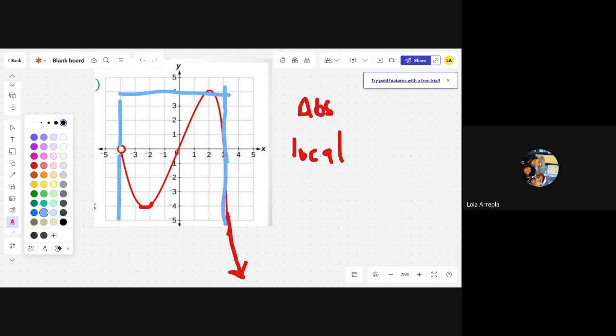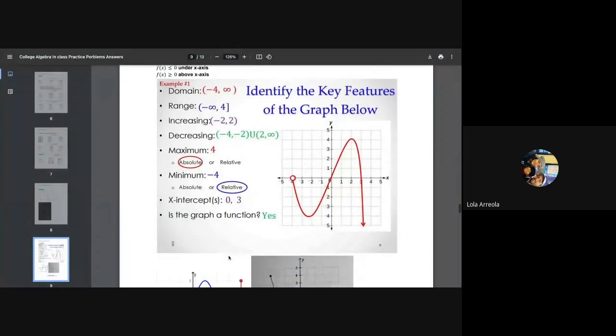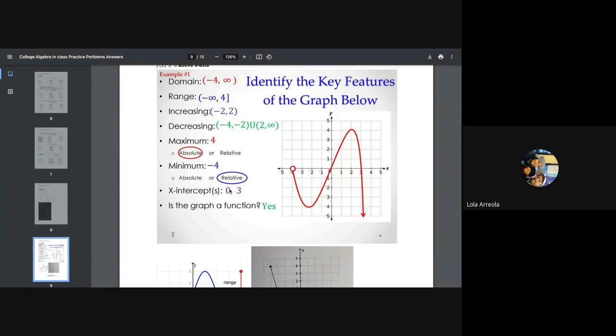So now, the last thing you do need to know: we'll look at the intercepts. This is asking specifically for the x-intercepts. There are 2 instances where it crosses the axis, here and here. You want to say this one, but look, it's an open circle, so that means not inclusive.